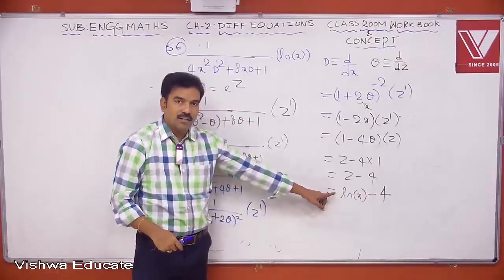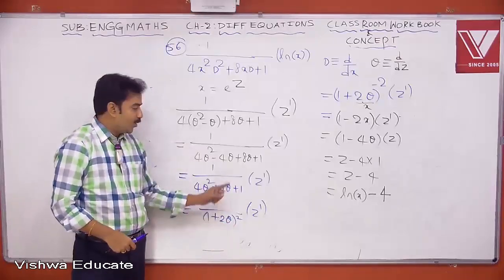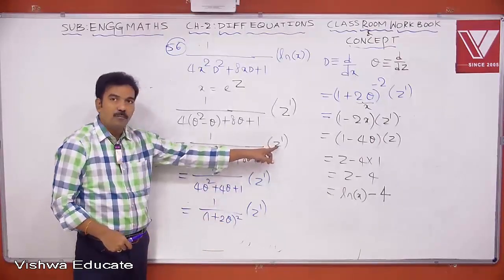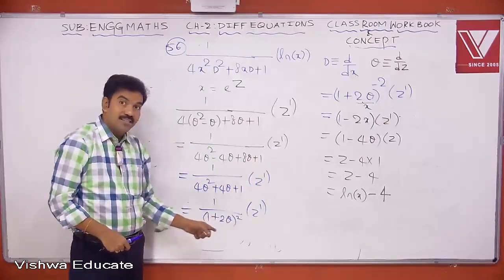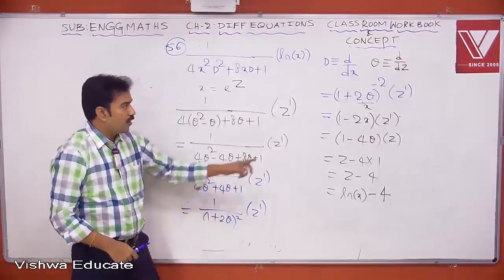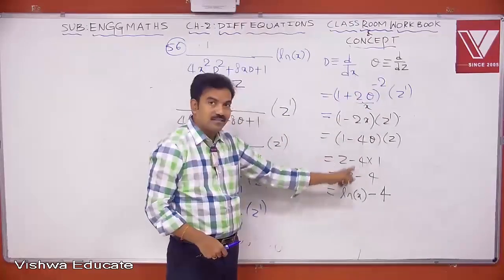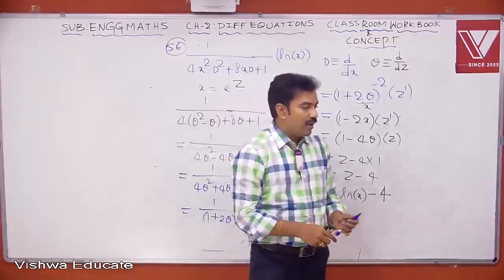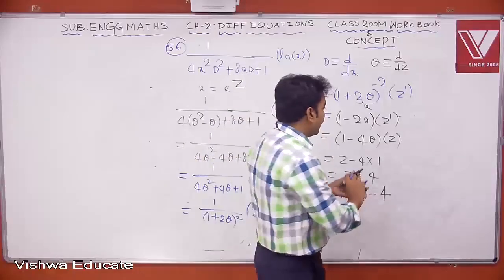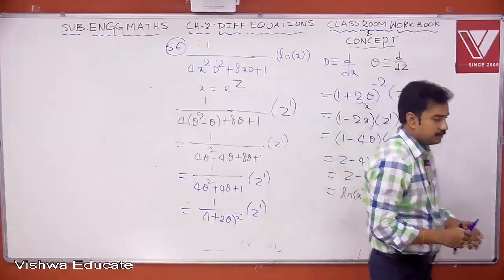Try to concentrate on this point: when you are handling particular integrals of polynomial expressions, we need to go for suitable series expansions. So we got (1 + x)^(−2) and this result, log x − 4. Hence it is option B. So option B is the right answer.